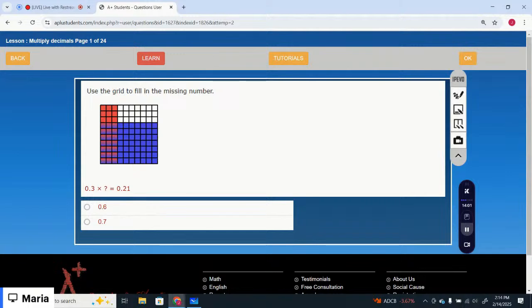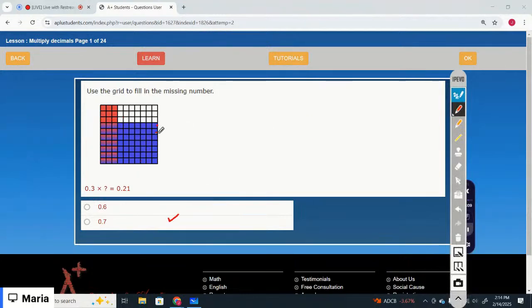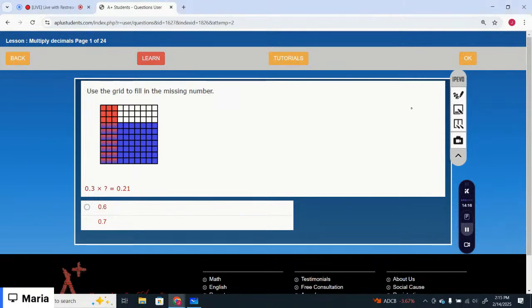That is 0.3 times 0.7. Option number 2 is the correct option. The correct option is 0.7 because 0.3 times 0.7 makes 0.21.